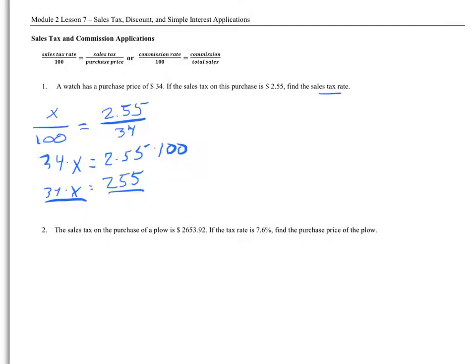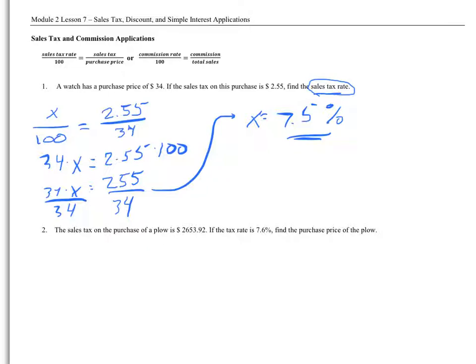And then we divide by 34, as we have in many of these previous lessons. And we find that x is equal to 7.5%. When you divide 255 by 34, you should get 7.5, or 7.5%. So in this case, the sales tax rate on this purchase was 7.5%.